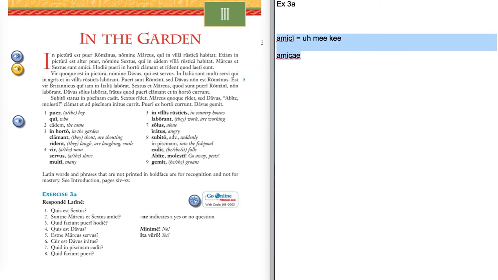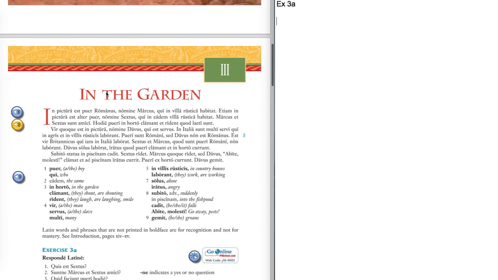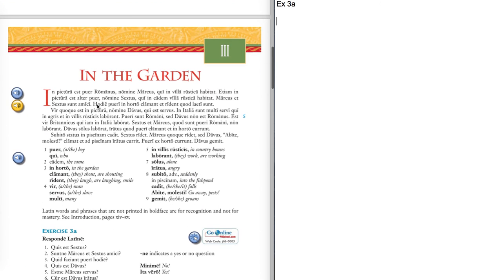So anyway, what we're up against here now is the difference between feminine nouns and masculine nouns. Now, Marcus and Sextus are obviously boys, so they're masculine, and that goes for a variety of things, not just people.